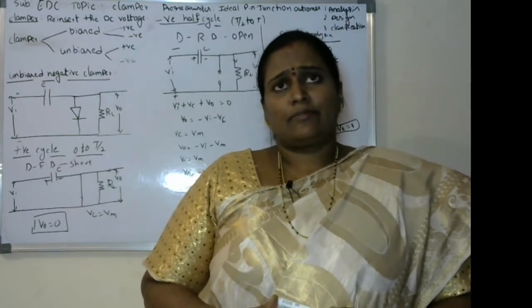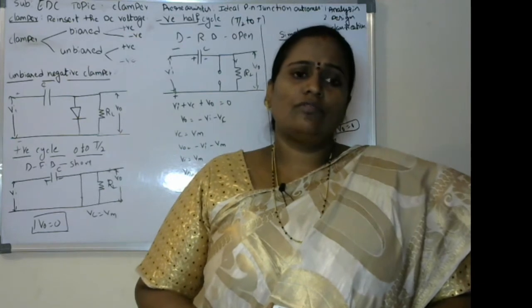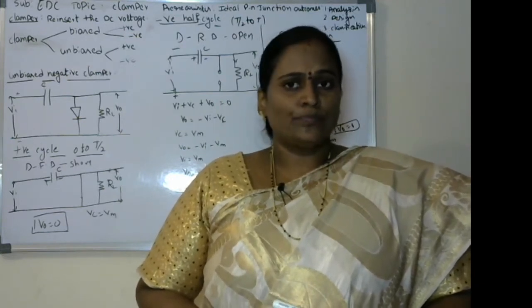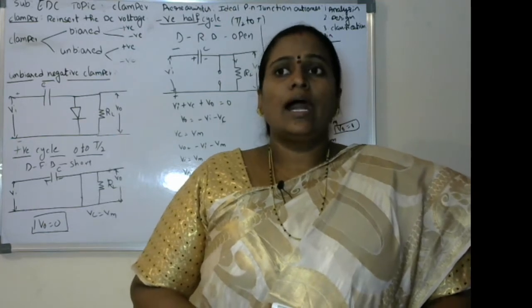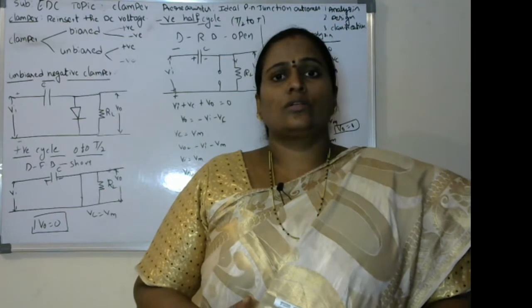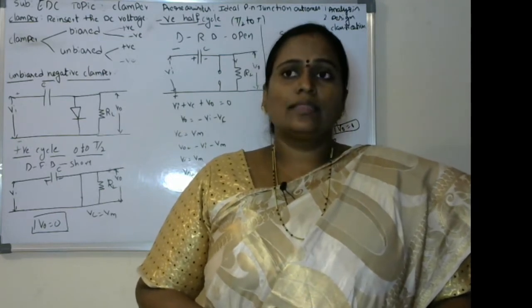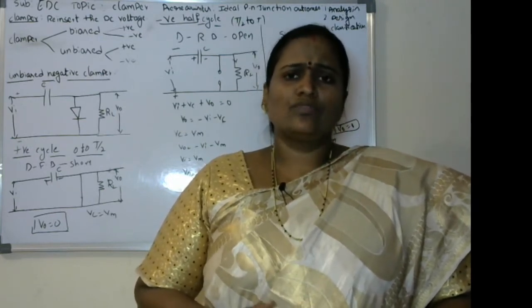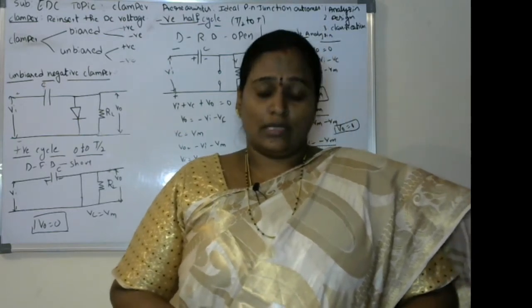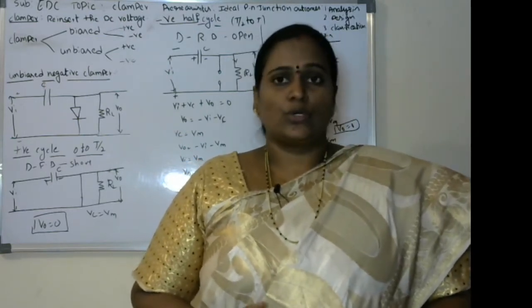The capacitor does not allow sudden changes of voltage. That is the first property. If the supply is present and there exists a short closed path, then the capacitor will charge to the supply voltage if the capacitor voltage is less than the input voltage.